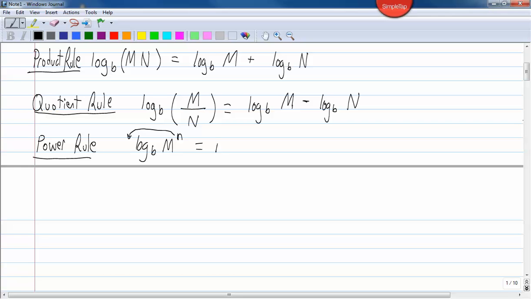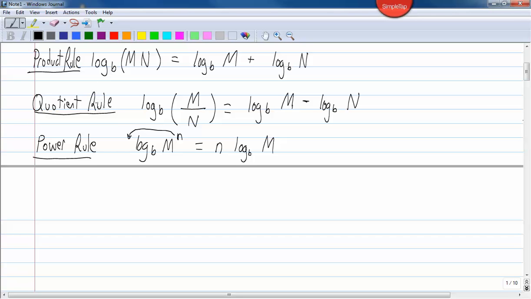So that's equal to n times log base b of m. And that's extremely powerful, especially if that exponent is a variable. Being able to move a variable power down allows us to take derivatives and things like that a lot easier. So that's a very, very important rule, the power rule.